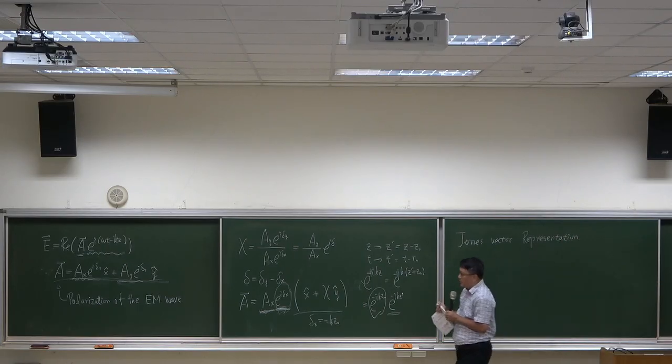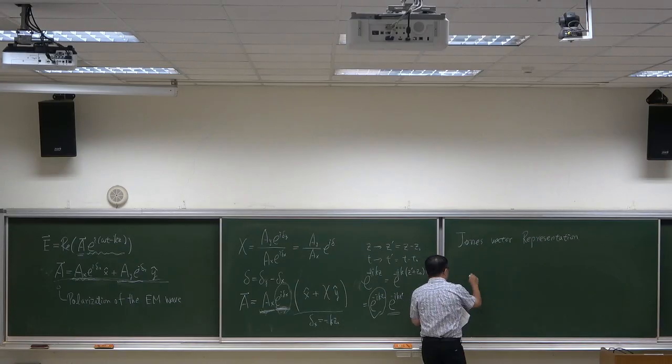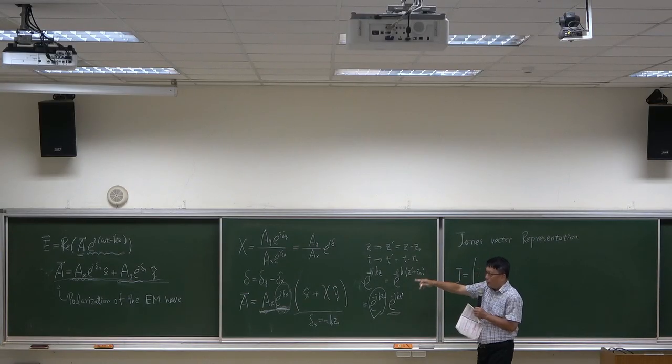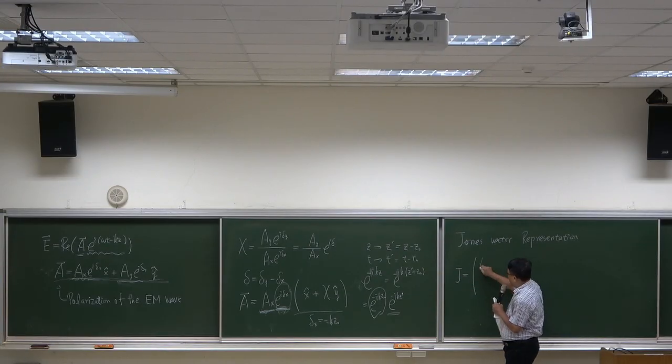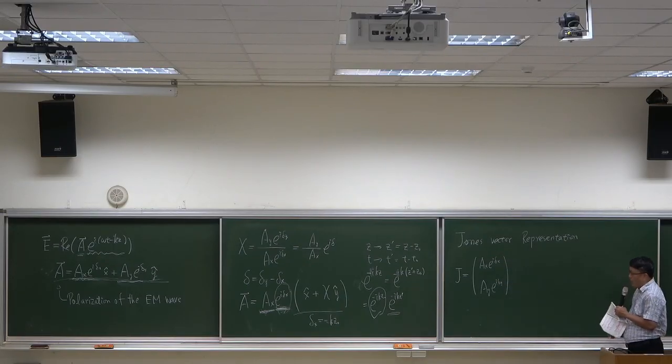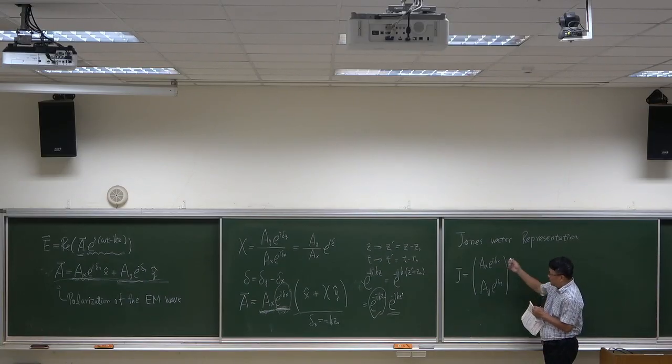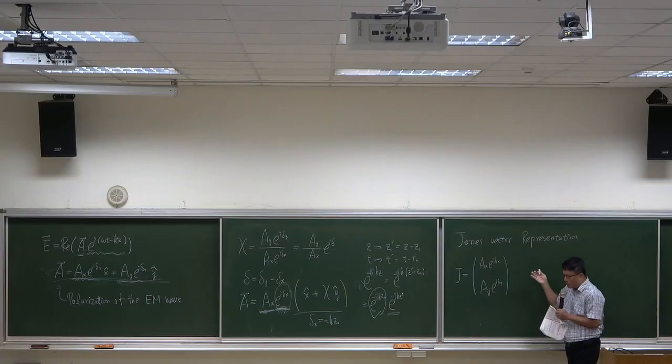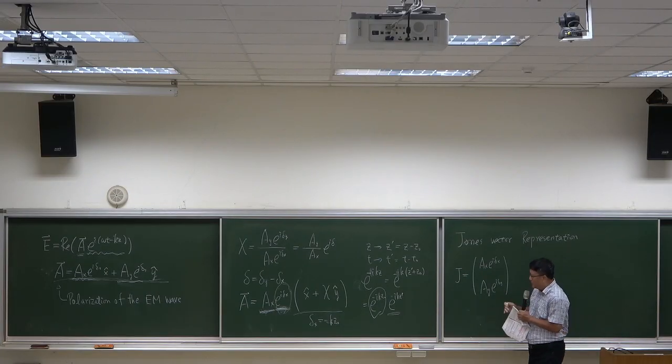Jones vector representation is nothing but just writing the two components, A_x exponential i delta_x and A_y exponential i delta_y, as the two components of a 2x1 column vector. This is the so-called Jones vector representation of the polarization state.